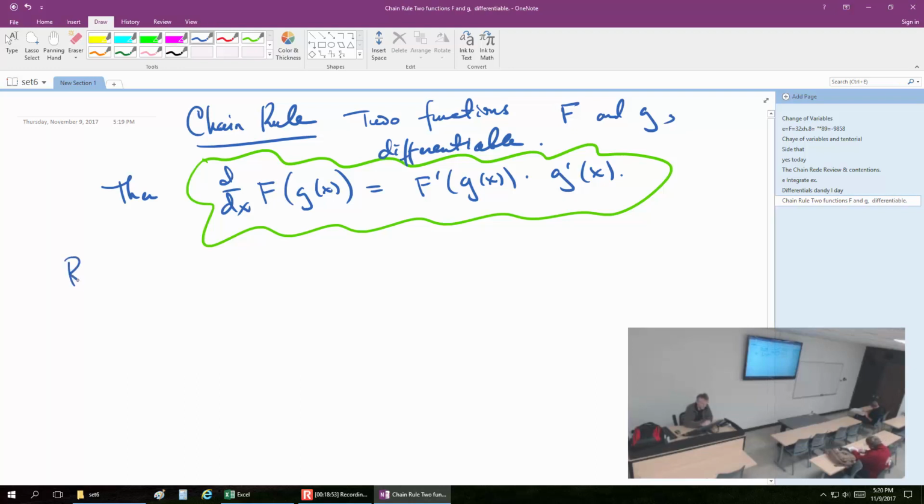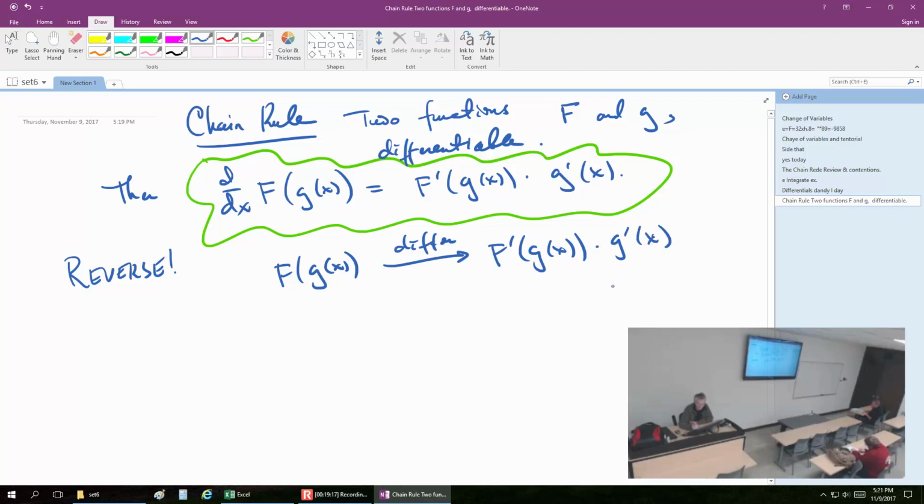Now reverse the whole thing and read it backwards, so from differentiation to integration. If you like, I can go this way: F of g of x, arrow, differentiation, F prime of g of x times g prime of x. And now back, integration. That gives me integration by substitution.